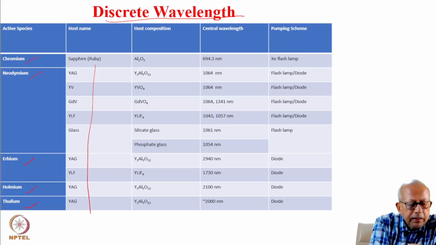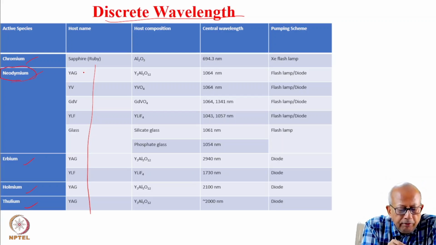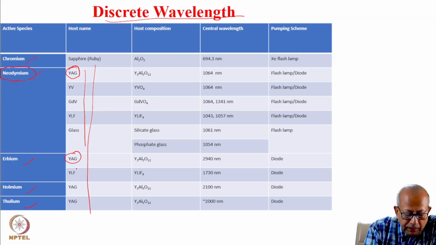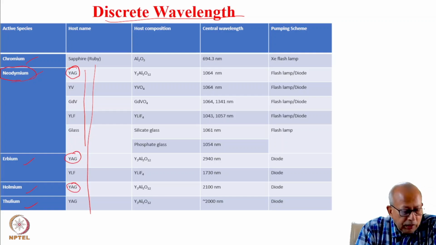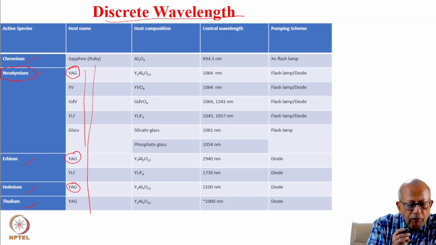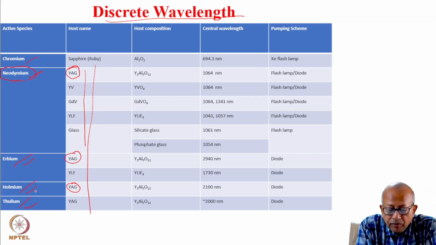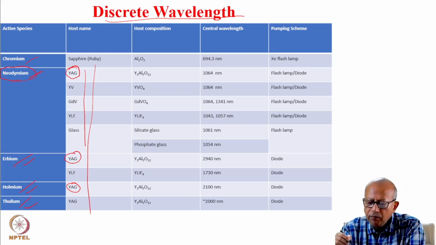However, you can see that neodymium can be embedded in a variety of hosts, while YAG can serve as a host material to a number of active light-emitting atoms, for example, neodymium, erbium, thulium, etc.